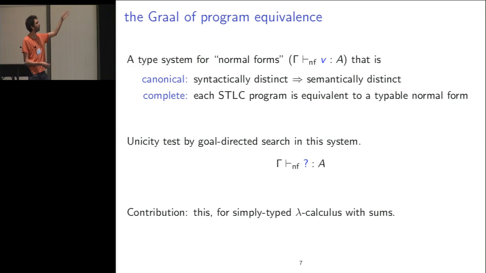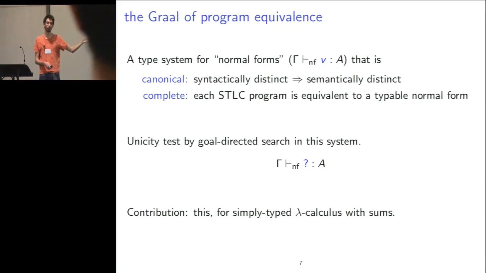And if you have such a system and you know how to do goal-directed proof search on these proofs, you get an algorithm to test unicity. And this idea applies, of course, to any combination of type system and equivalence relation that you may want to think about. And we have such a system for the simply typed lambda calculus with sums.